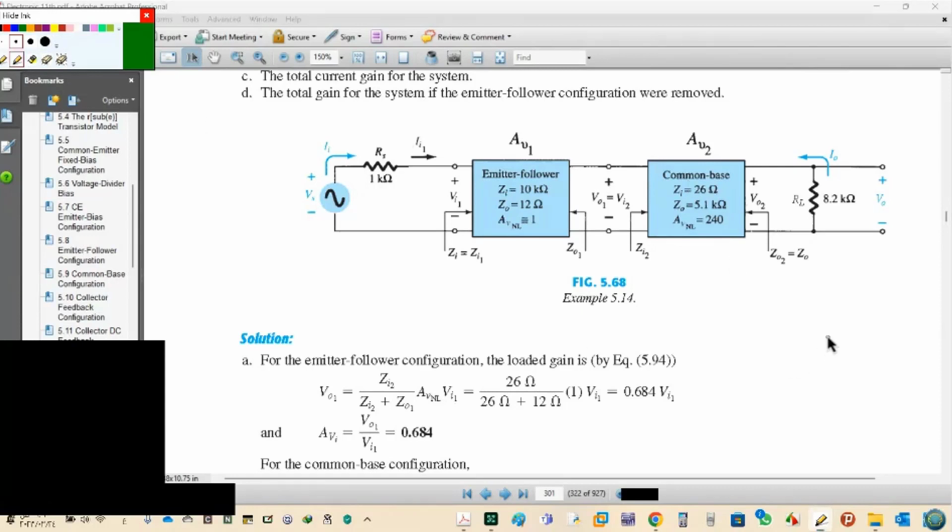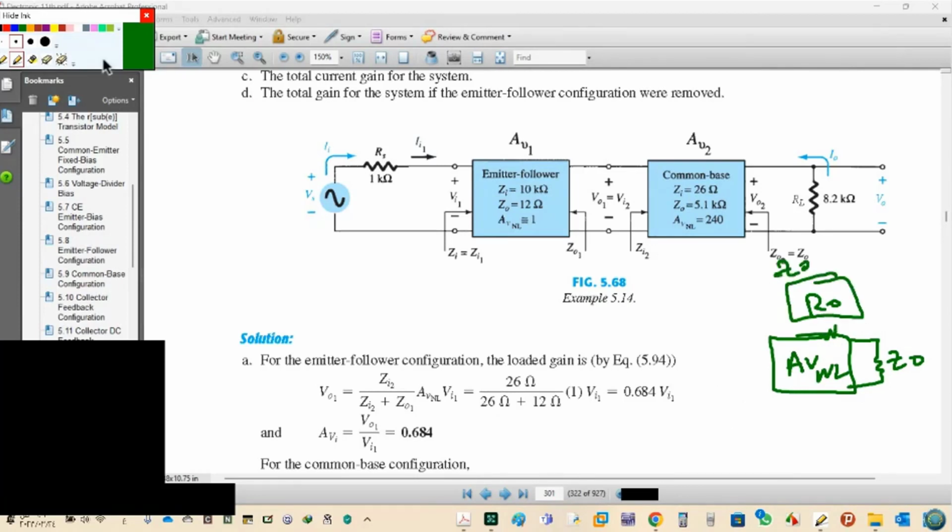Usually, this is our system, AV no load. This is ZO, and here we have RO. RO here is ZO, and let's change the symbol to be like your book.